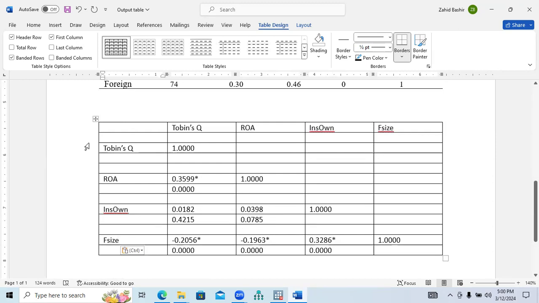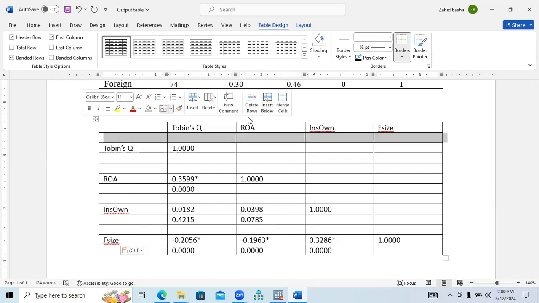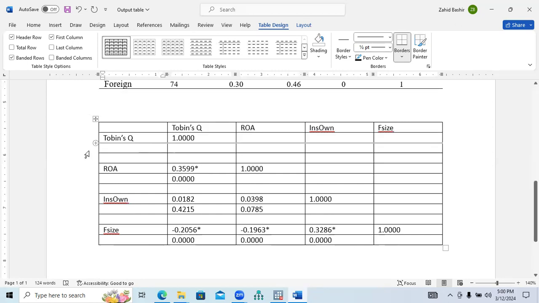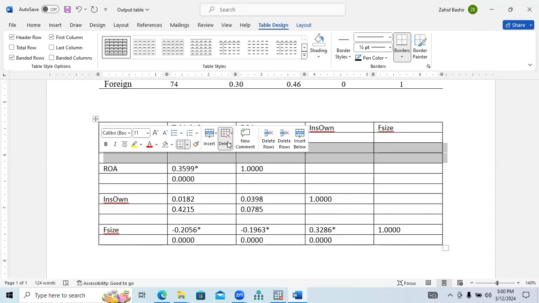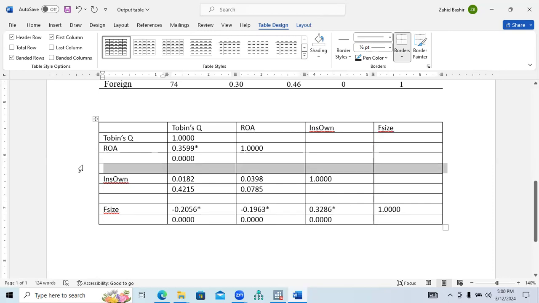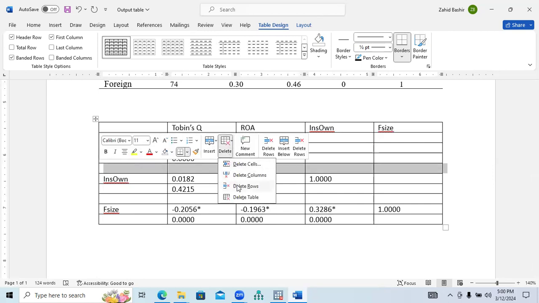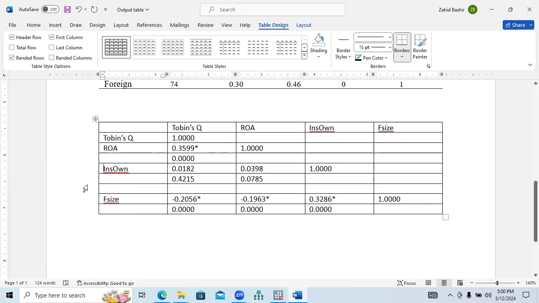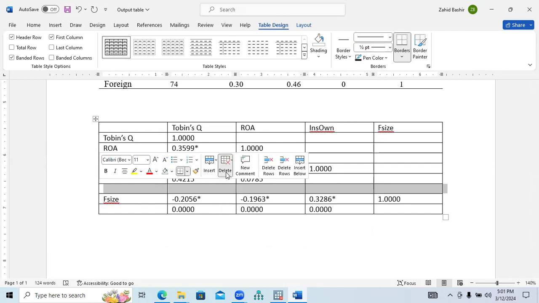But further we can simply delete some of the irrelevant rows from here like this. You just need to delete the rows which are not basically necessary here.